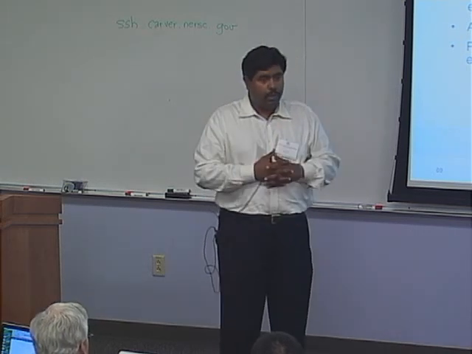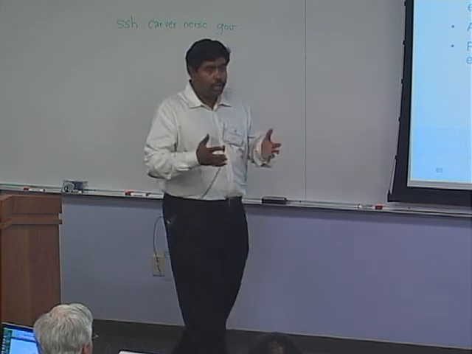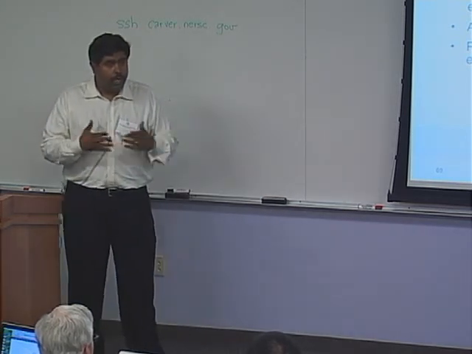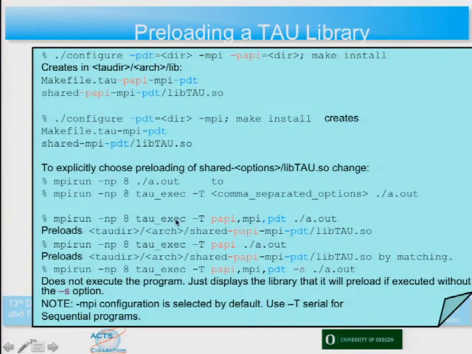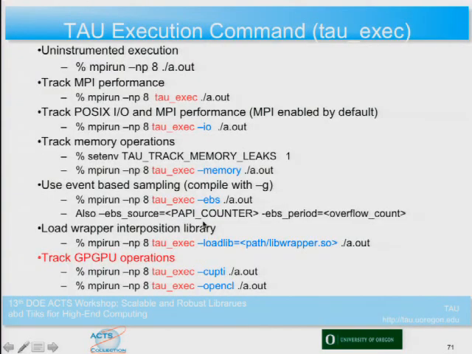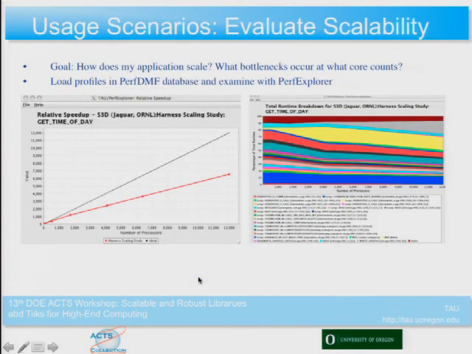And you can preload such a library, you can even link it in at link time, and we have various examples of how to use this with different configurations with tau_exec, this tool. And you can track memory, you can track I/O, event-based sampling, even GPU operations. You can wrap the calls to a GPU execution and then see what's going on.